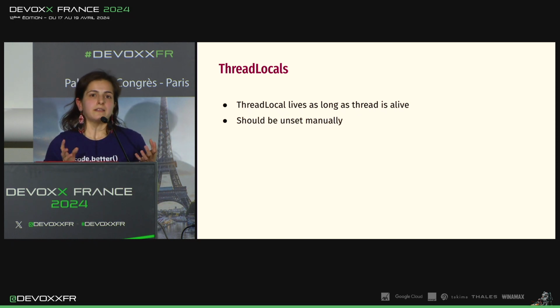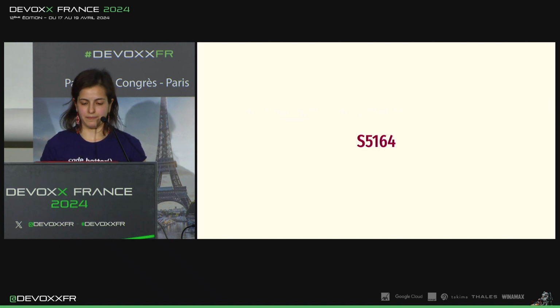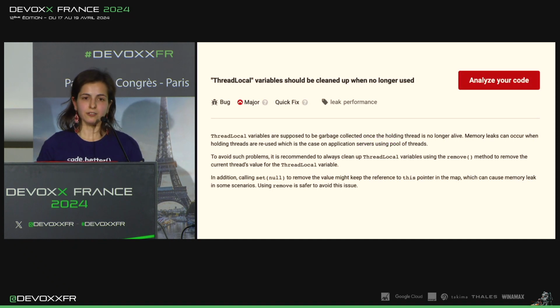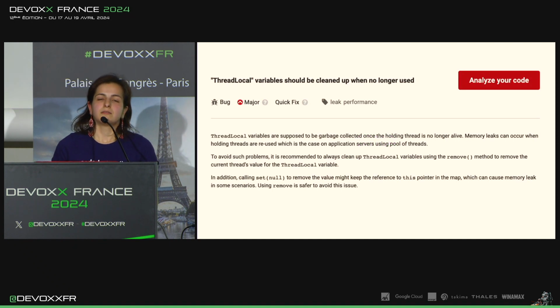And if they occupy much memory, this memory will be occupied for a long time. We have a rule to not forget to unset thread locals. And come on, it's Java 21, Project Loom is coming, virtual threads. Probably there are better ways than thread locals.